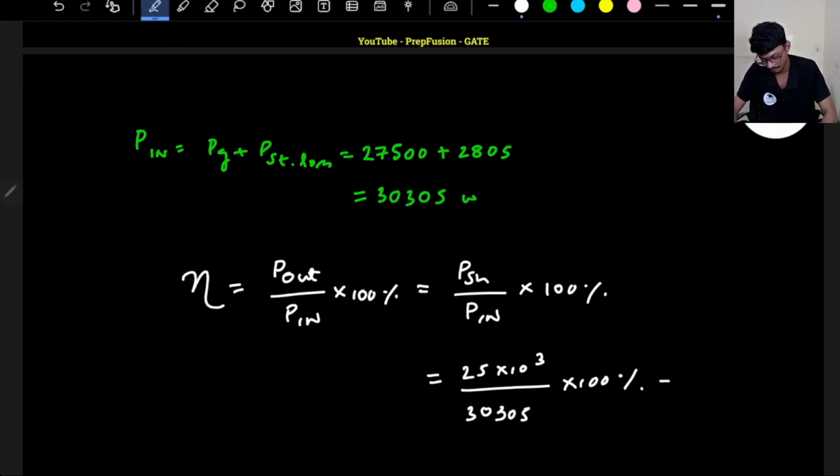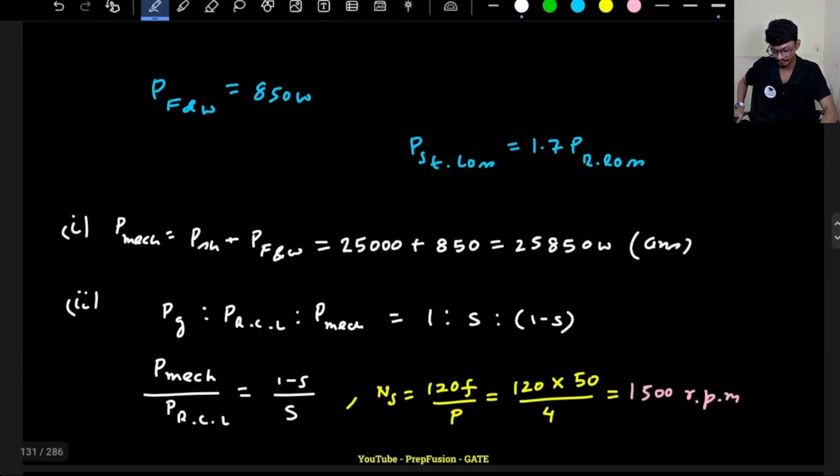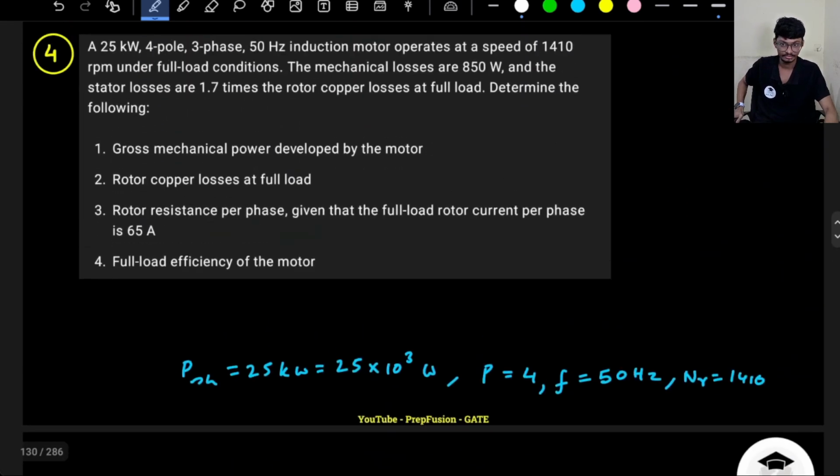So it is basically 82.5 percentage. Okay, so that is the efficiency, that is the answer of this question. I hope everything is clear now, why each and every term is important.